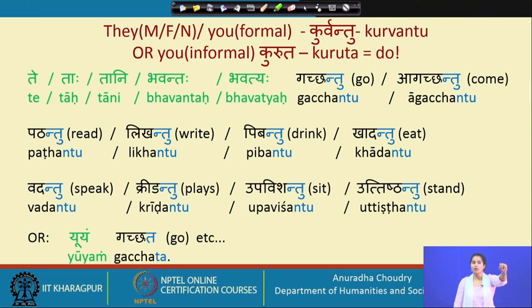And now when we are just requesting or ordering all of you to do something, it will be gachata. You see how precise one needs to be with the pronunciation. Just to give you another practice, likhatha becomes likhata, pibatha, pibata, khadatha, khadata. You can see the difference in the effect it has on your being as well.